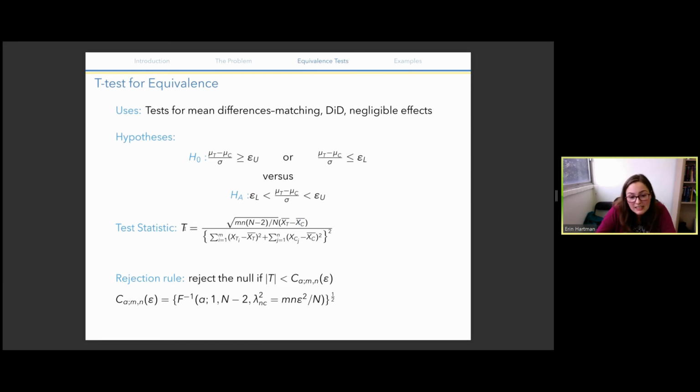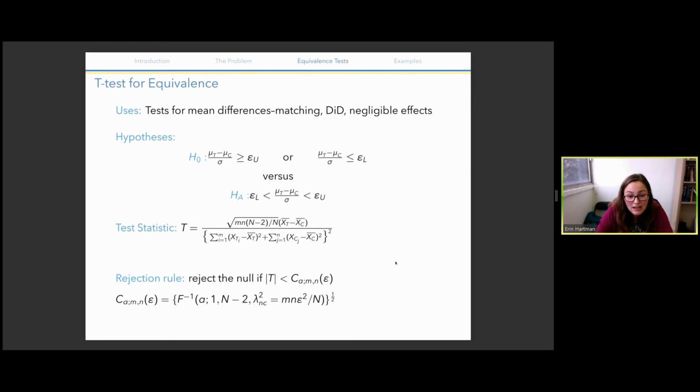Our test statistic is just our t-statistic, but our rejection rule is based on a non-central F distribution. So we take the square root of the non-central F and we compare that to the absolute value of our t-statistic, right? And so some of the extra power comes from acknowledging that when we do these tests around these two different nulls, we should use a non-central t distribution.